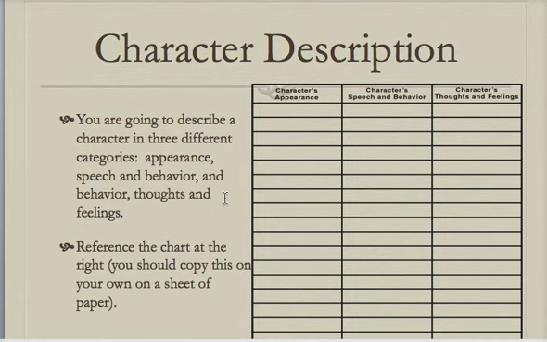It's just basically three columns. In the first column, you're going to jot down things about a character's appearance. Second column, jot down your character's speech and behavior habits, and in the third column, your character's thoughts and feelings. Okay, so use this as an organizer to help you write your paragraph, and it will get you into your character's head a little bit better.